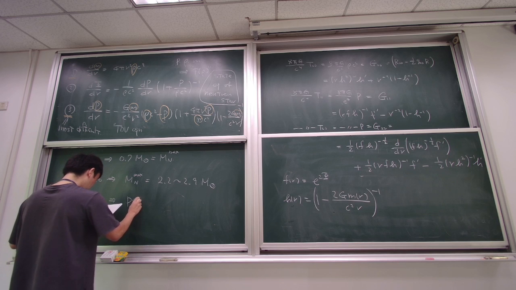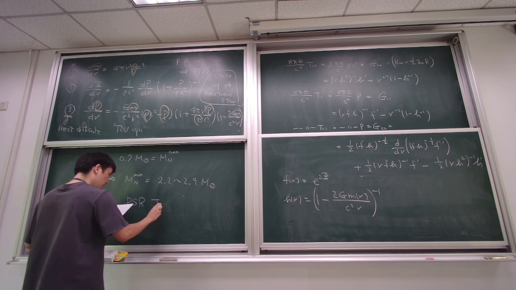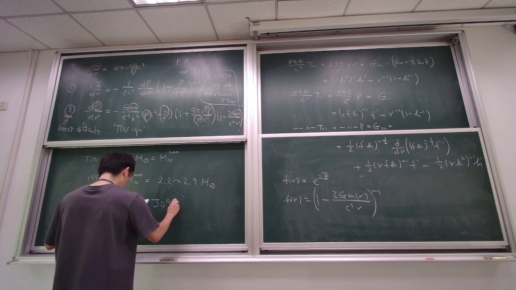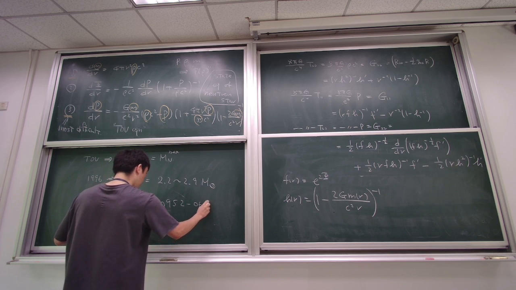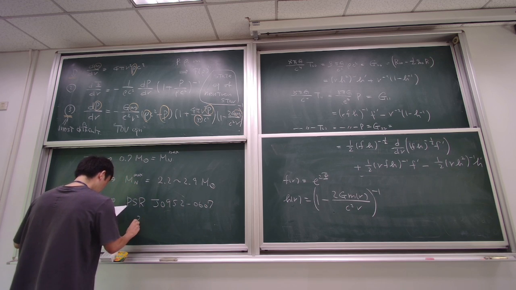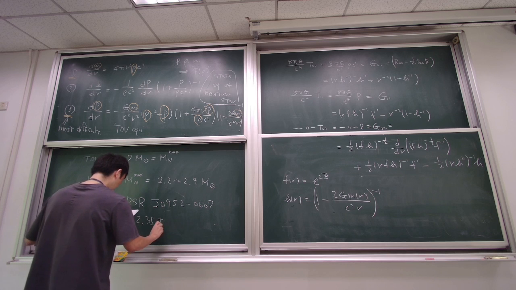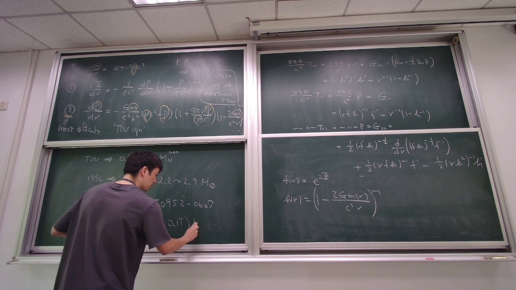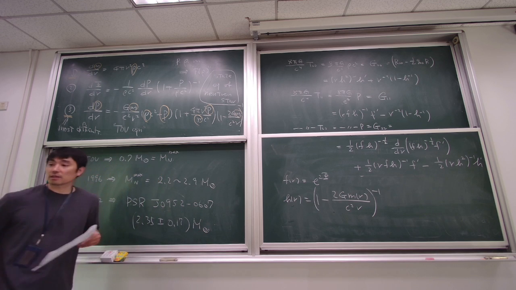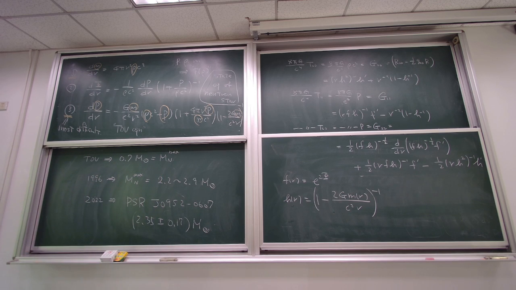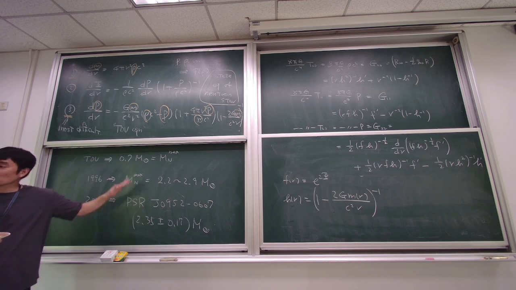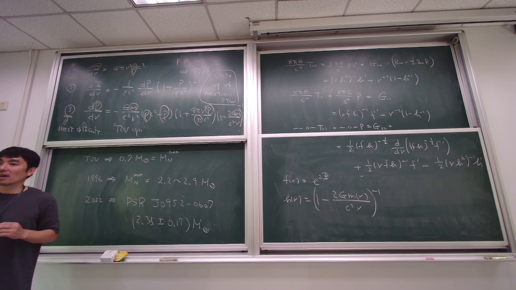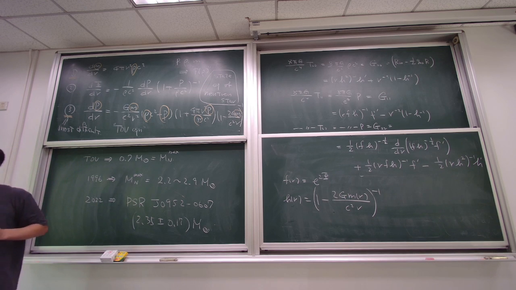This is the name of the neutron star, J0952-0607, and the mass is 2.35 plus or minus 0.17 solar mass. So this is the heaviest neutron star observed so far. So the estimates are roughly okay by solving this P of rho.